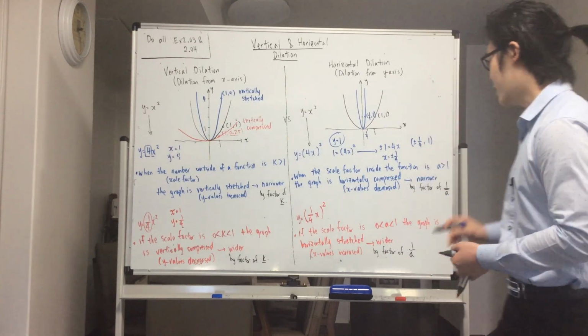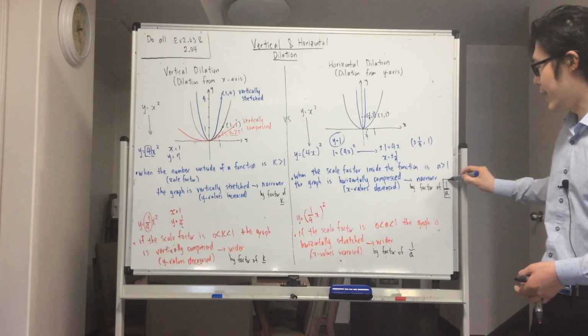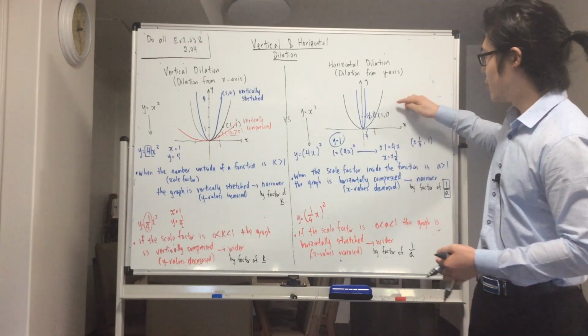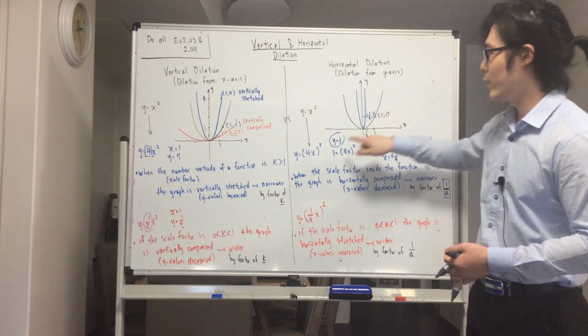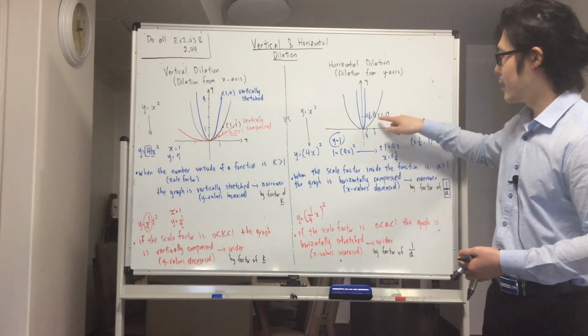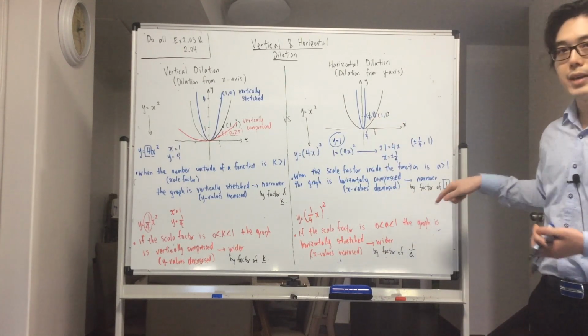That's what I wanted to point out. Now, it becomes narrower by a factor of 1 over a. The reason why it's 1 over a is notice how the x value from my original parabola was 1, but when I had a number 4 in front, inside the bracket, it now goes through 1 over 4, okay? That's the reason it's 1 over a, okay?